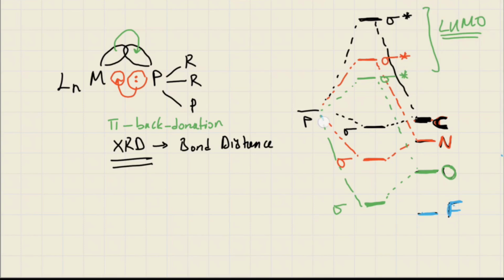And fluorine will be lower energy, and it will be the best pi accepting ligand. So this is the PR bond. Okay.